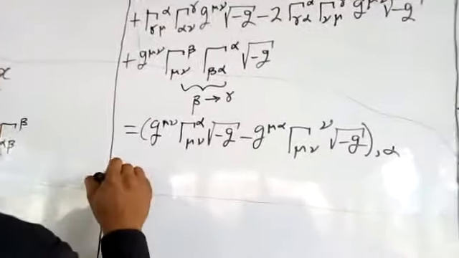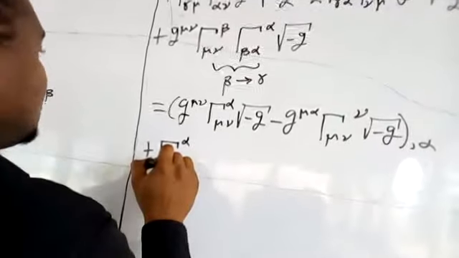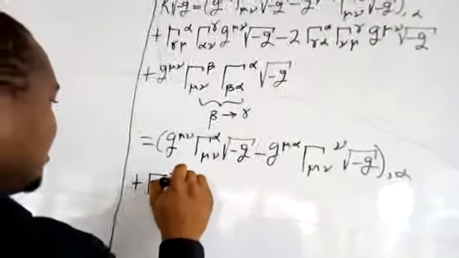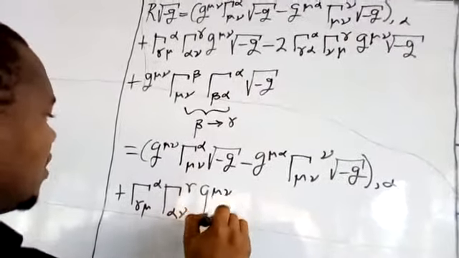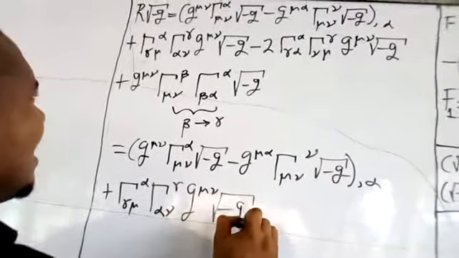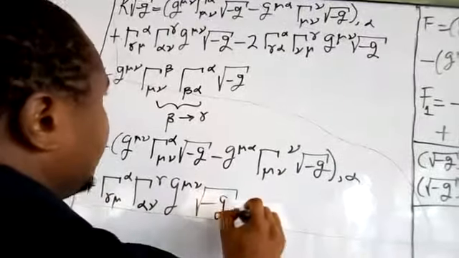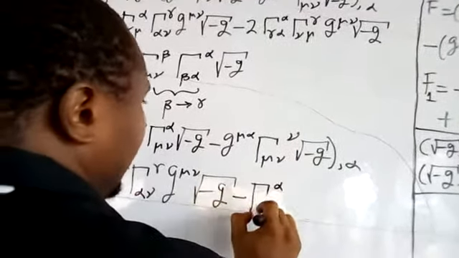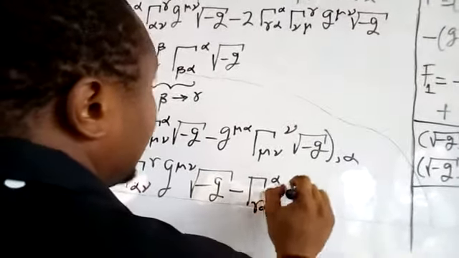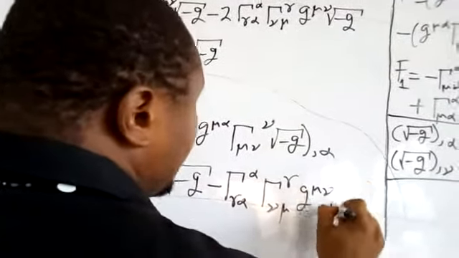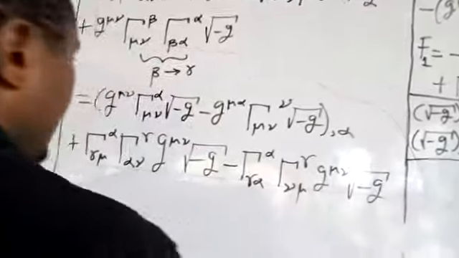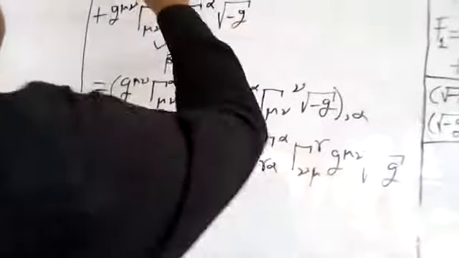So I have simply plus here gamma, this, and then that here gamma alpha nu G mu nu square root of minus G, and then of course this should be simply minus alpha gamma alpha gamma nu mu G mu nu square root here of minus G. Okay, and that is that.